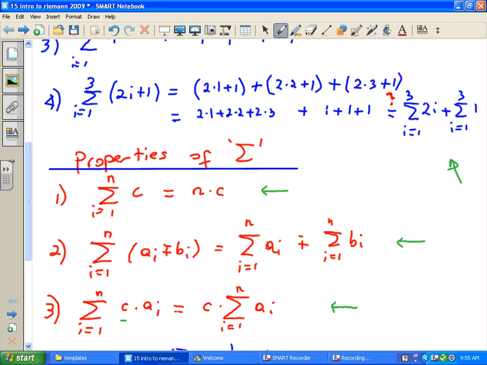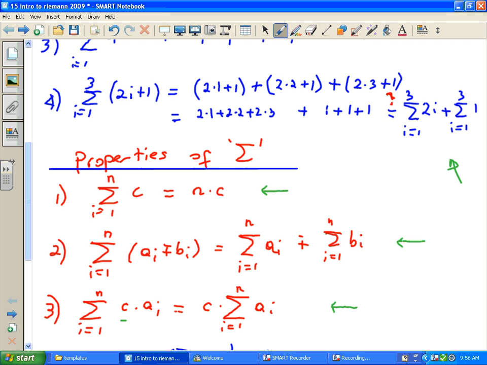In other words, how do I know if something is a constant or a variable, so that I will know the constants can be taken out, but the other stuff cannot be taken out? It should not have an I in it, okay? Because this index I is going from 1 to n, right? So anything that has an I in it will be considered a variable. Whereas if C is just a number, it doesn't depend on I. In that case, it's just a constant. It can be factored outside.